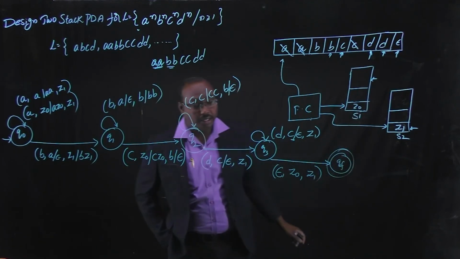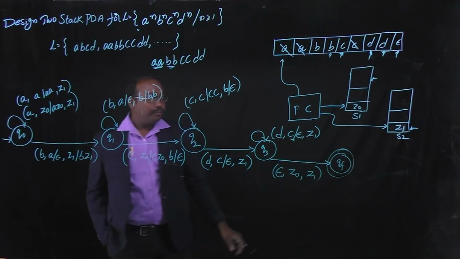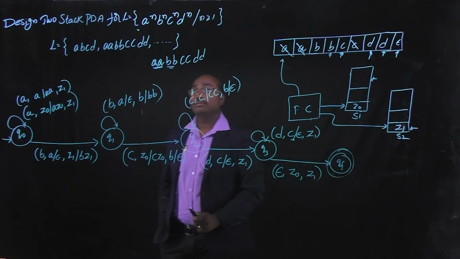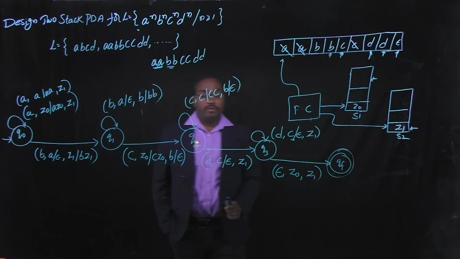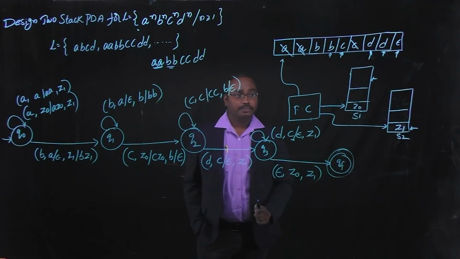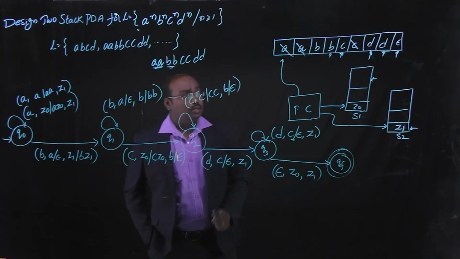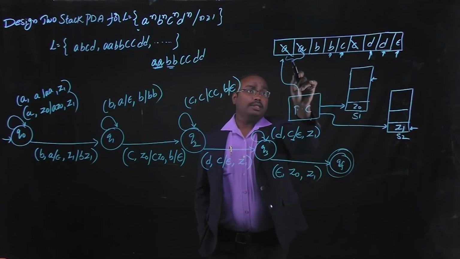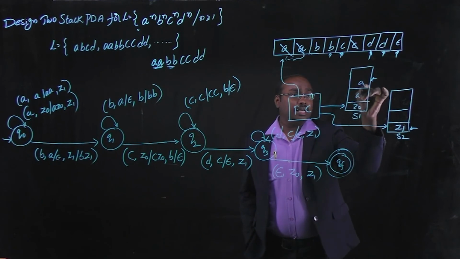So if the stacks are emptied, then the given string is accepted. This is the transition diagram for the language a power n, b power n, c power n, d power n, where n is greater than or equal to 1. Here the logic is: first we read the a's, which means we push a's onto stack 1.